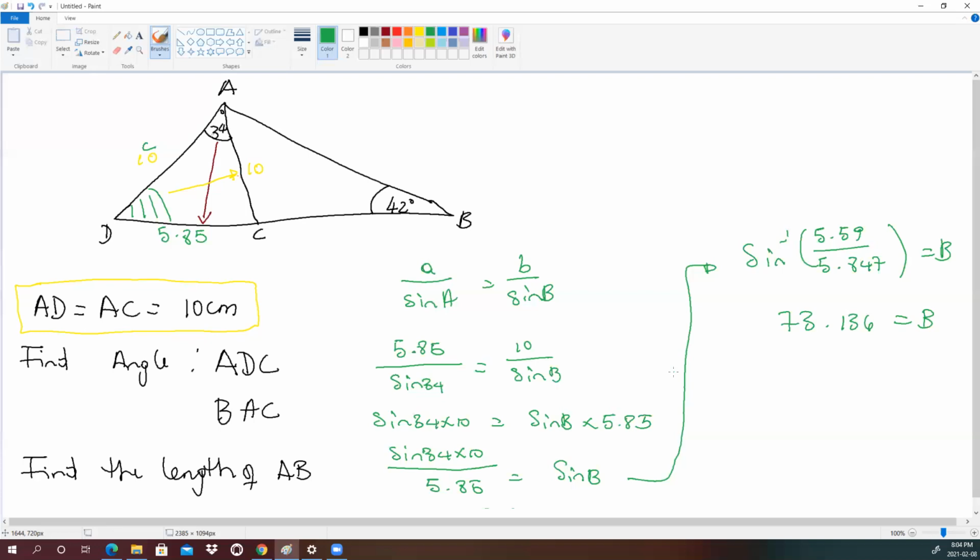Is that cross multiply? Yes. So I got sine B over sine 34.